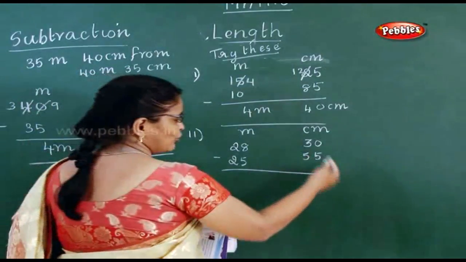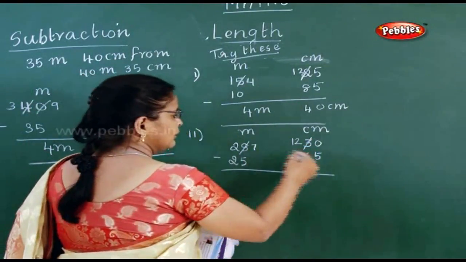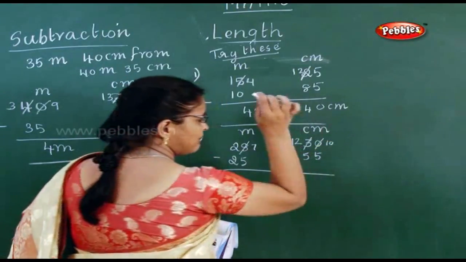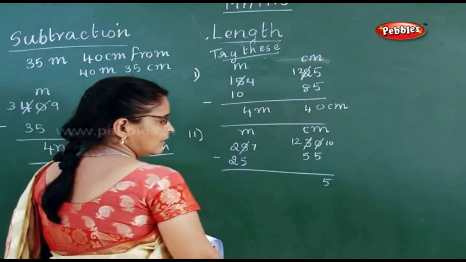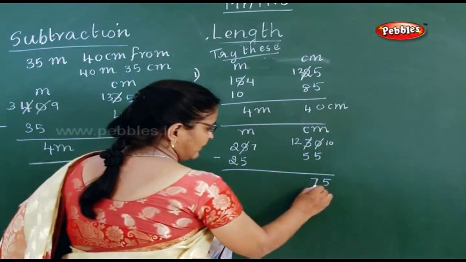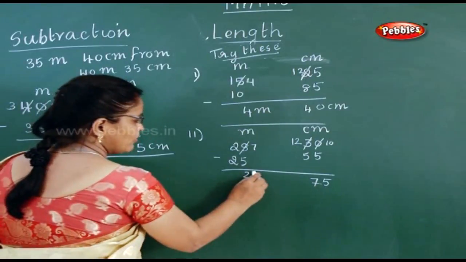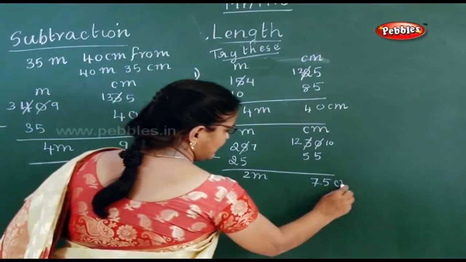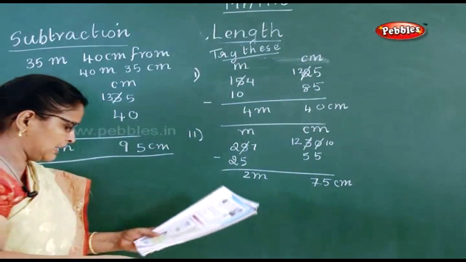So what is it here? 0, so immediately you are borrowing. This will become 12 and this will become 7. So here this will become 10. What is 10 minus 5? It is 5. What is 12 minus 5? 7. And what is 7 minus 5? It is 2. So it is 2 meter and 75 centimeter. Is it clear now?